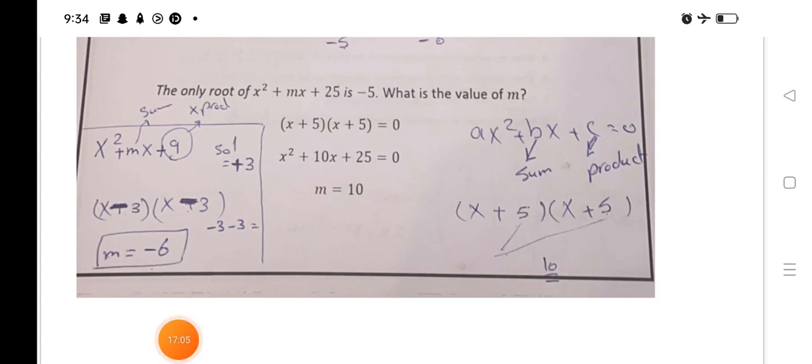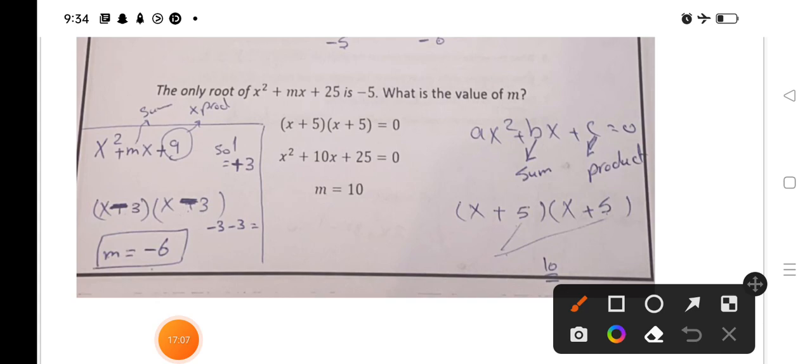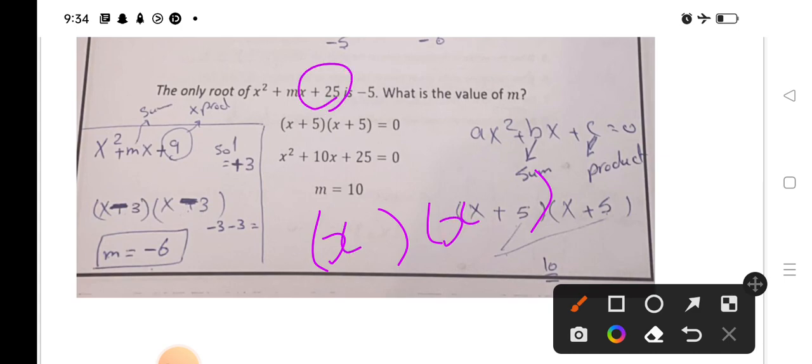How can I solve it? Very easy one. Open two brackets, x squared, x times x. Positive means what, my dear students? The two signs are the same.